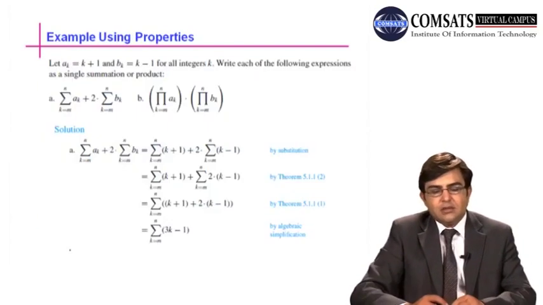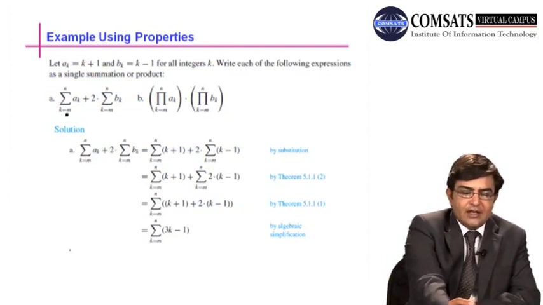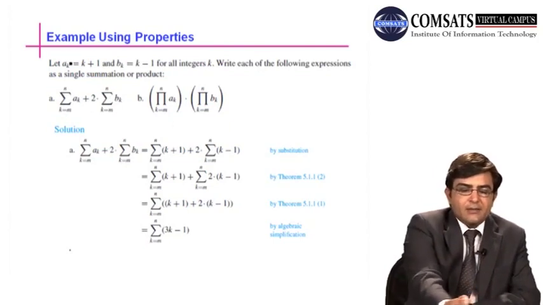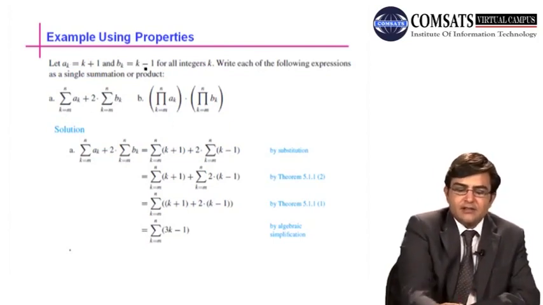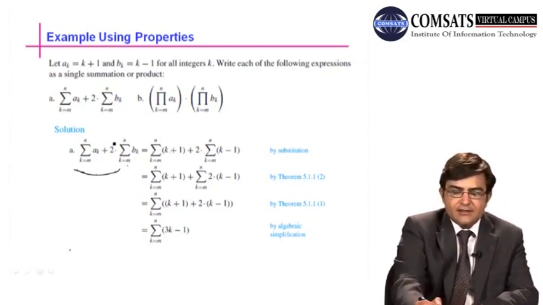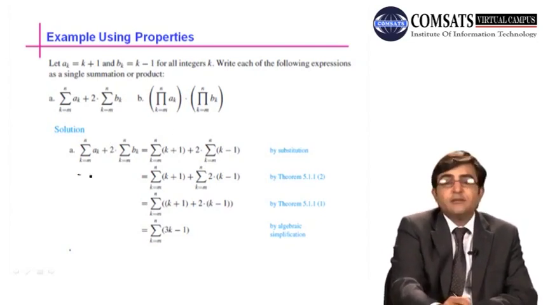For example, here we have the summation k equals m to n of a_k plus 2 times the summation k equals m to n of b_k, where a_k is given as k plus 1 and b_k is given as k minus 1. Then how can we define the sum of these two summations? So a_k is k plus 1, the 2 comes as it is.